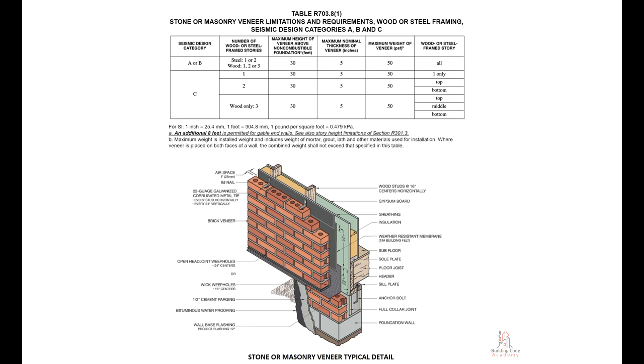Maximum nominal thickness of veneer in seismic design category A, B, 5 inches. Number of wood or steel framed stories in seismic category A or B will be 1 or 2 of steel stories and 1 to 3 of wood stories. An additional 8 feet is permitted for gable end walls. See also story height limitations of section R301.3.